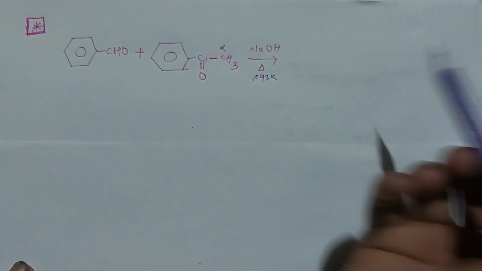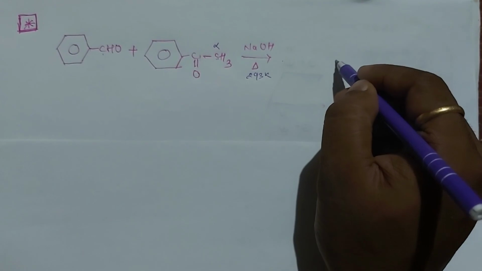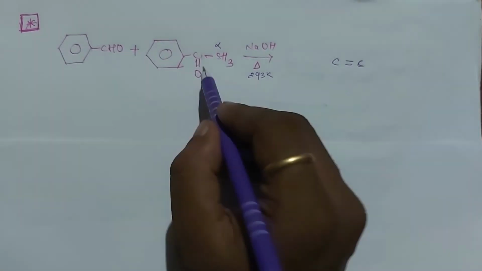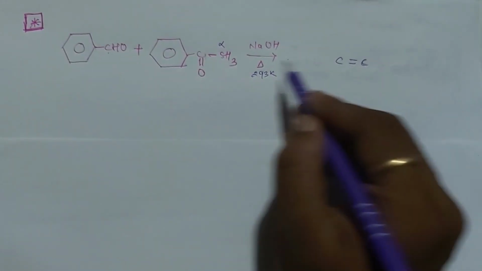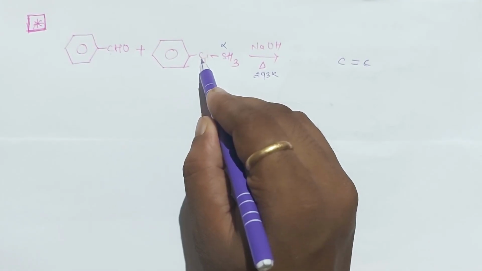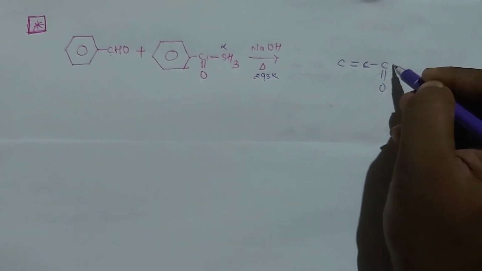So write the product. As this carbon is reacting with this carbon, first we will make a bond between this carbon and this carbon. This carbon is attached to one ketone group and a benzene group, so we will attach like this.